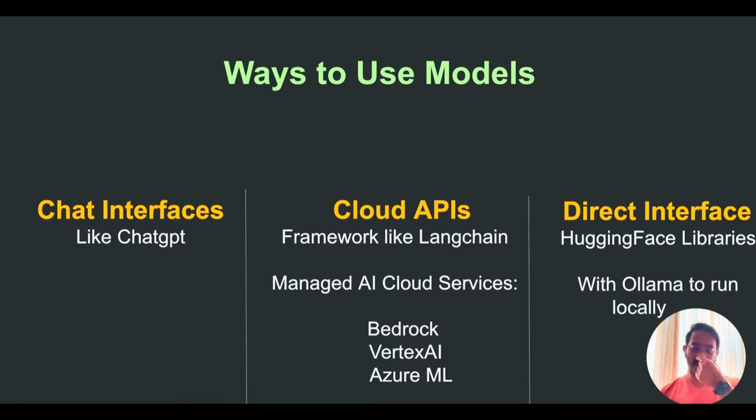The next part is the cloud APIs. Now this is where we are able to build applications, using the same closed source models, but not directly in the chat window, rather with the help of the API. In the last video, during the competition, we used ChatGPT models using API.